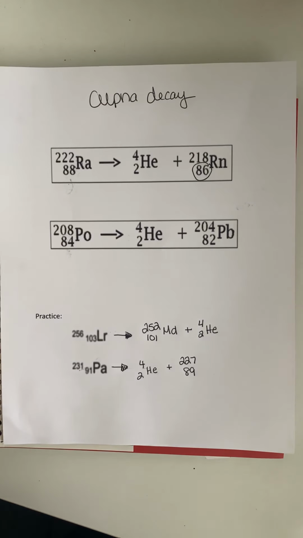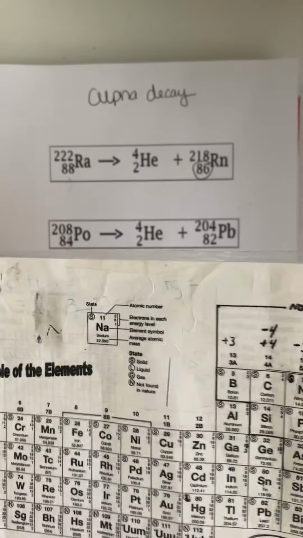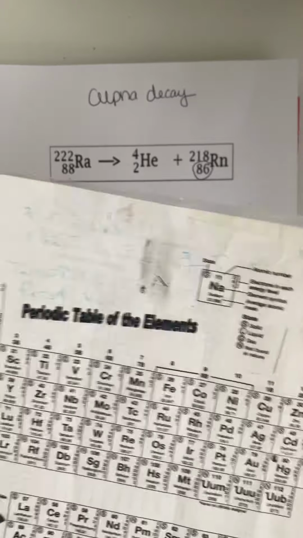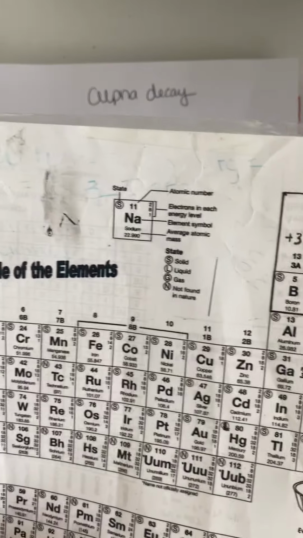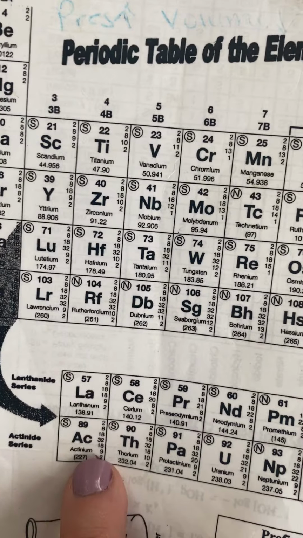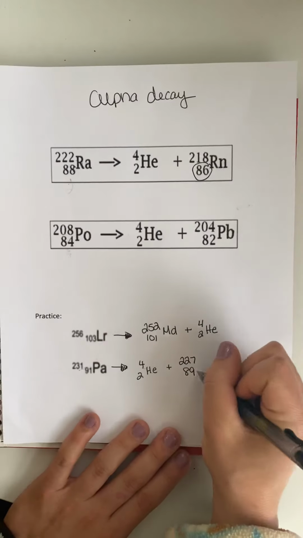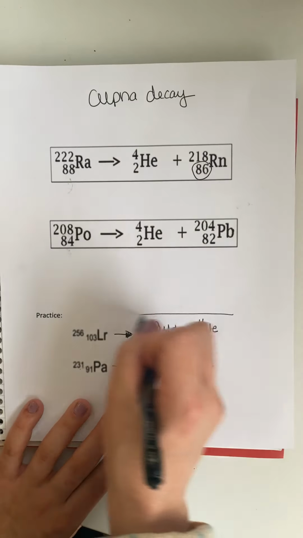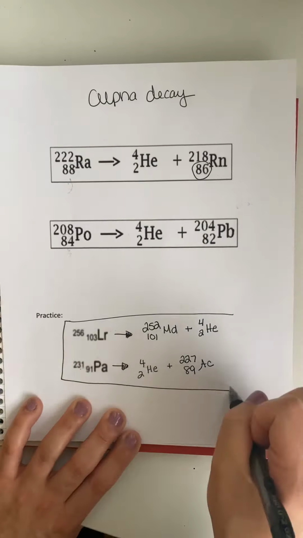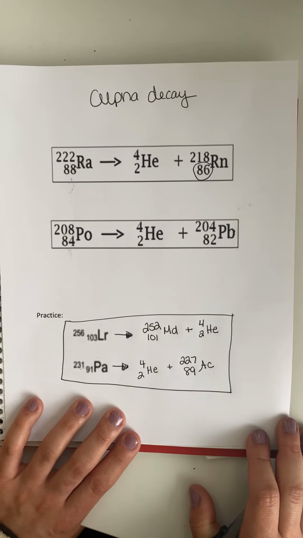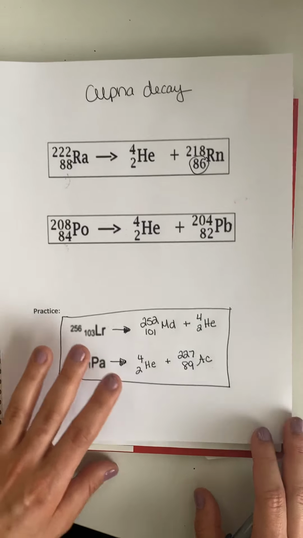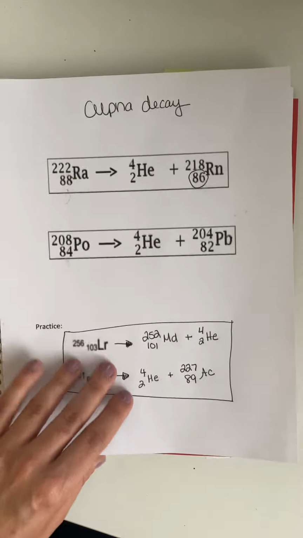And before I write my element, let's look for 89 on the periodic table. And he is actinium, right here, AC. And that is how you represent an atom that undergoes some kind of nuclear reaction.